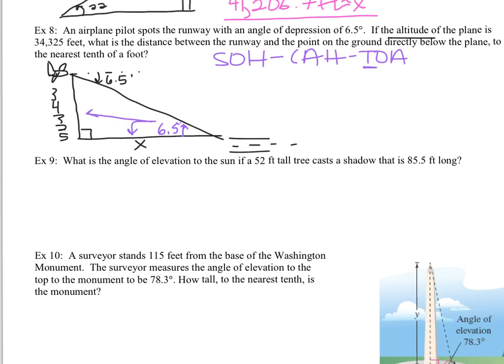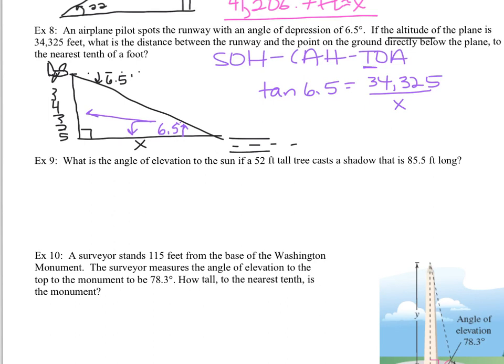That would use tangent. So we start off by saying tangent of our angle, which is 6.5, equals the opposite side length, which is the height of the plane, 34,325, divided by the adjacent side, which is x.